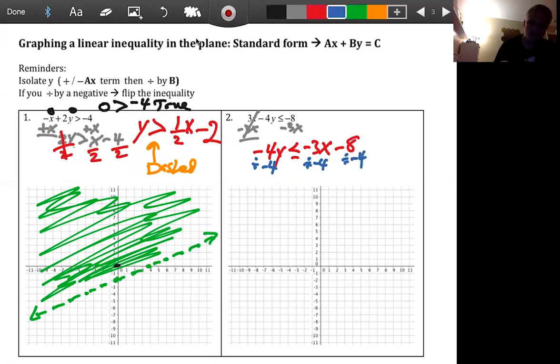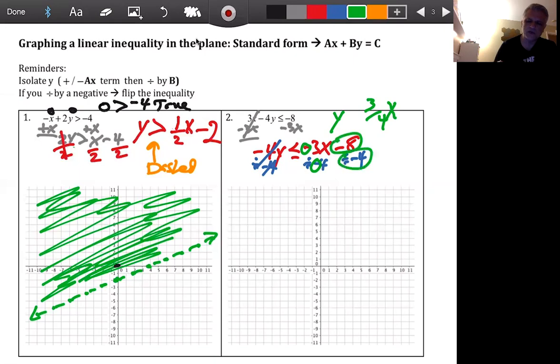So when we do that, these cancel nicely, and we get y equals -3 over -4. The only thing I want you to think about in simplifying is the fact that negative divided by negative is positive. Keep your 3 over 4. I like 3 over 4. It's a simplified fraction. It lets you rise over run easily. -8 divided by -4 is +2.